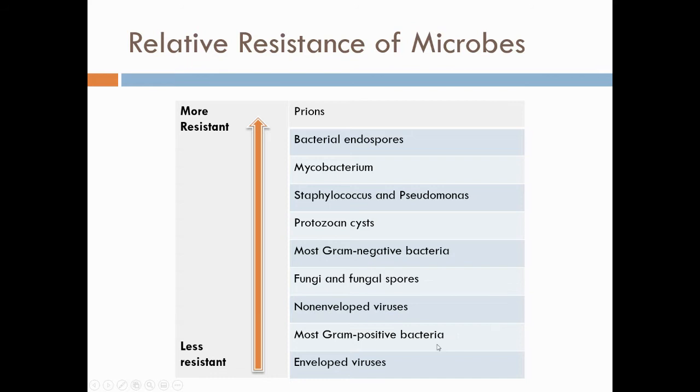It's also fairly easy because we don't have peptidoglycan. So if we target the destruction of that, our cells don't care, right? We don't have peptidoglycan. Non-enveloped viruses tend to be a little more difficult to kill.